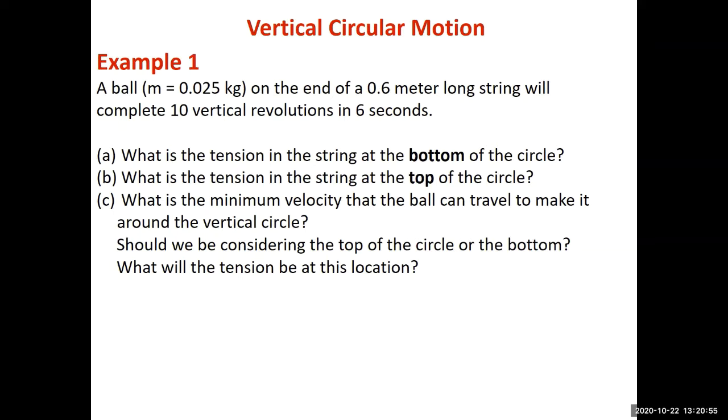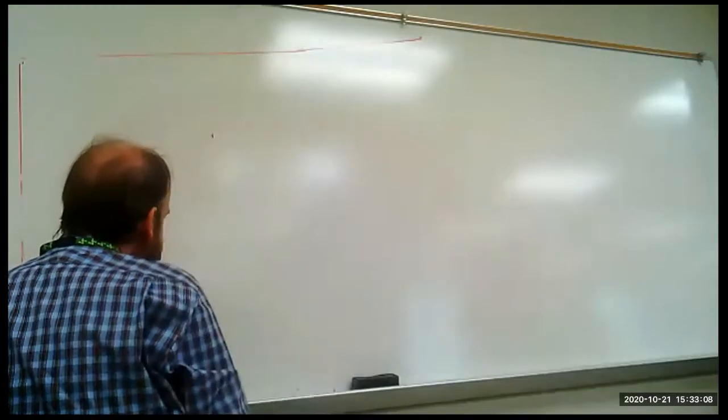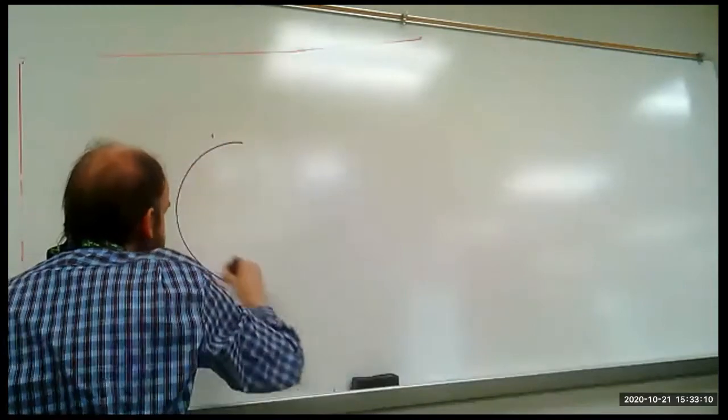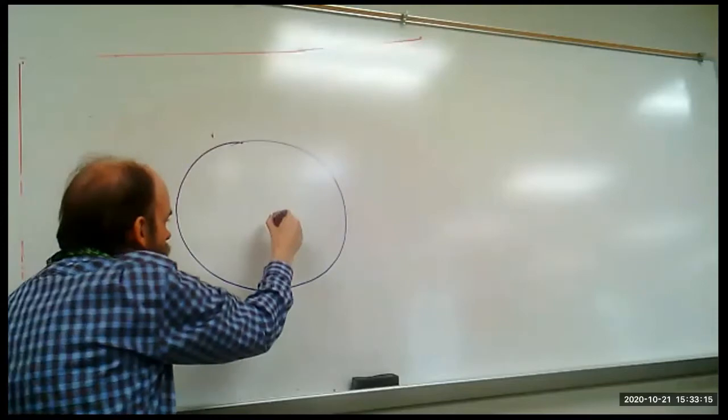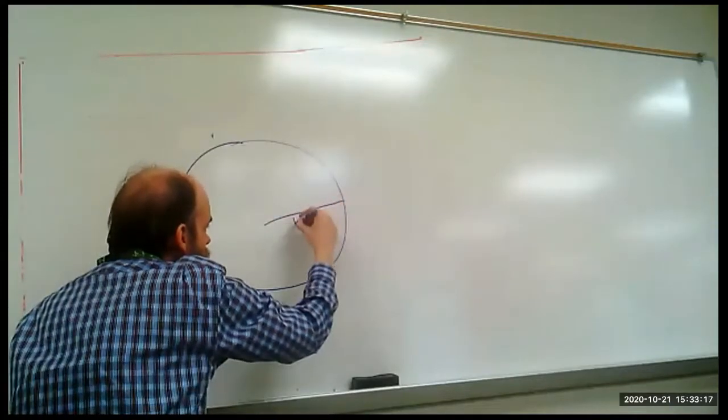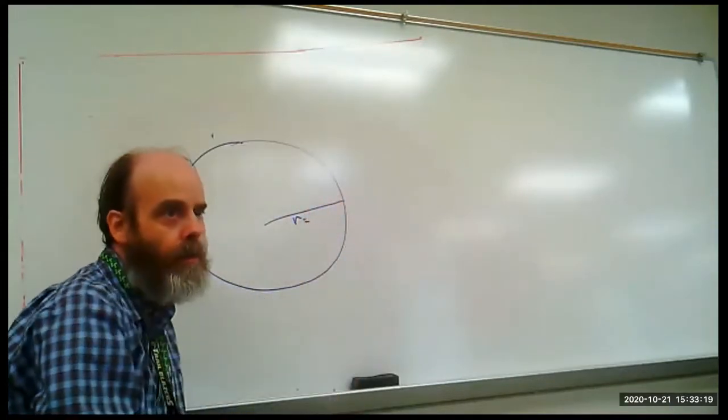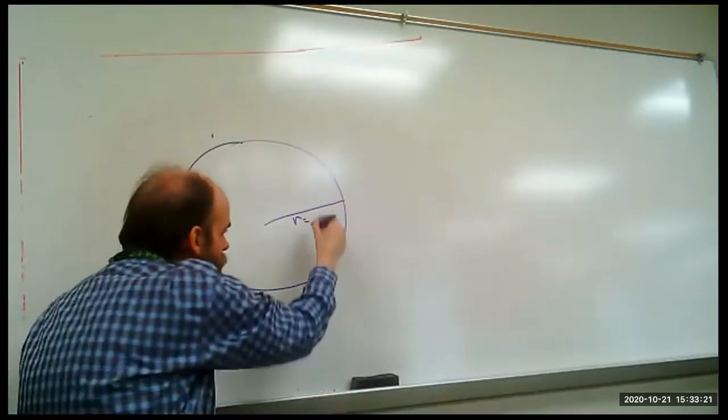The first step in this problem is to find the speed of the ball as it moves in the vertical circle. Let's see how that can be done. Here's the circle, and we have radius r, which is 0.6 meters.